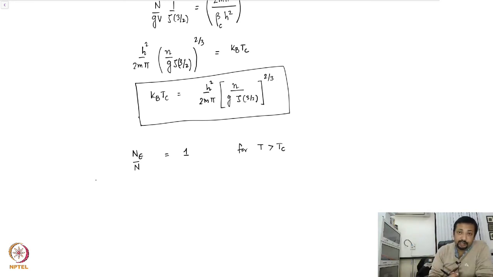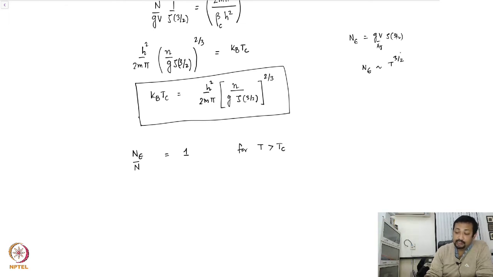But the moment you hit the critical temperature, you essentially hit a limit of Gv over lambda t zeta 3/2, so that this n epsilon goes as T to the power 3/2.